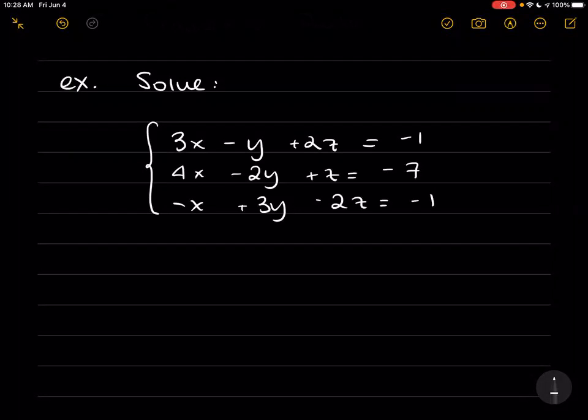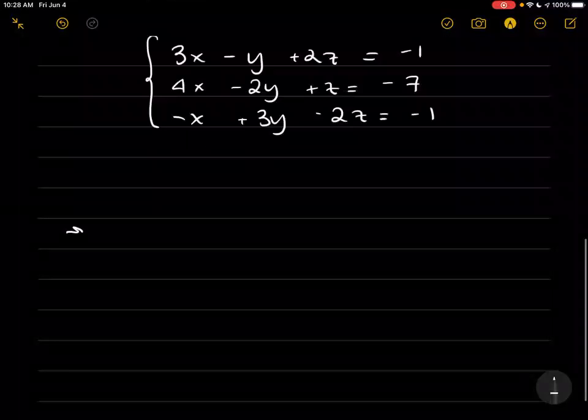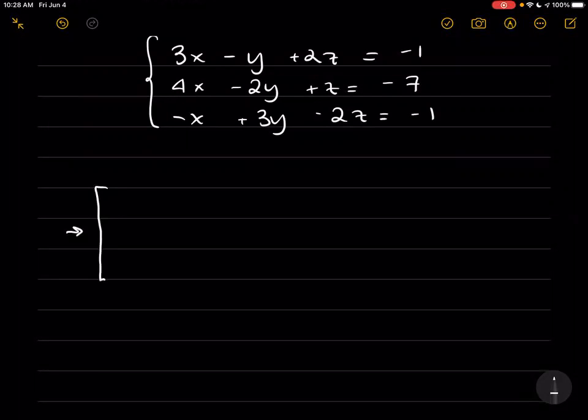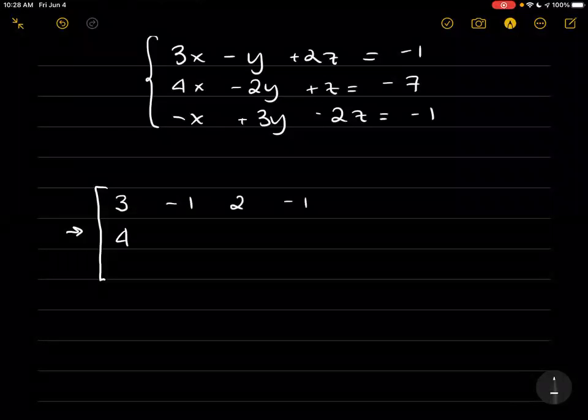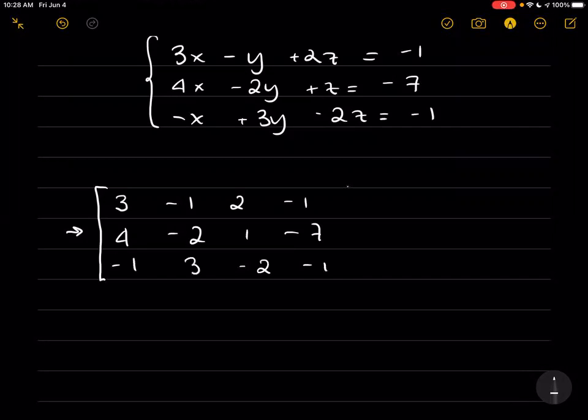Okay, so to start off, we're going to put this into a matrix. So we'll record the coefficients of 3, -1, 2, -1, 4, -2, 1, -7, and -1, 3, -2, -1.